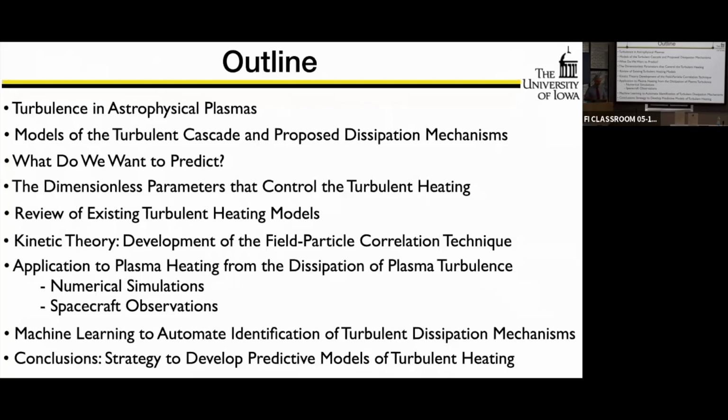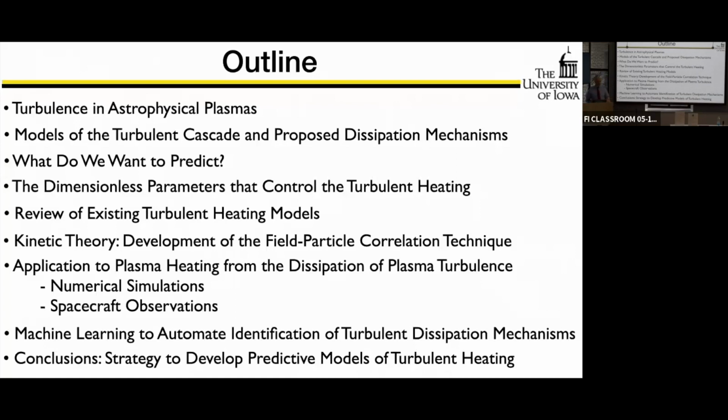And then I'm going to turn to our approach of how to solve this problem and move on to improved models using something called the field particle correlation technique that my group developed from kinetic plasma theory to identify the dissipation mechanisms and quantify the heating associated with them.